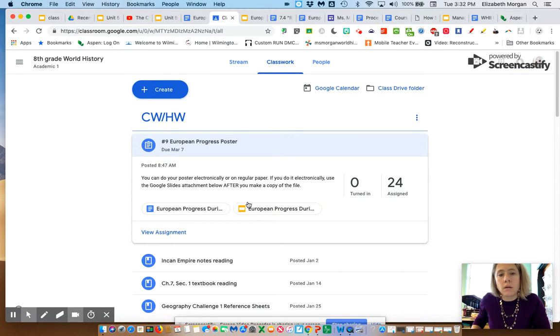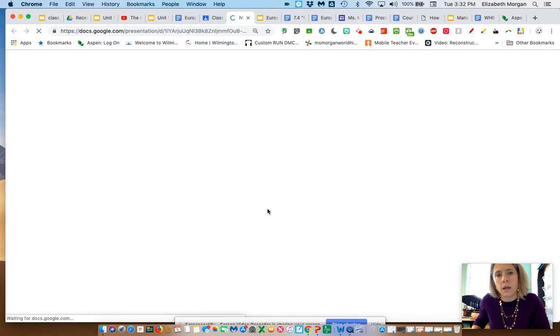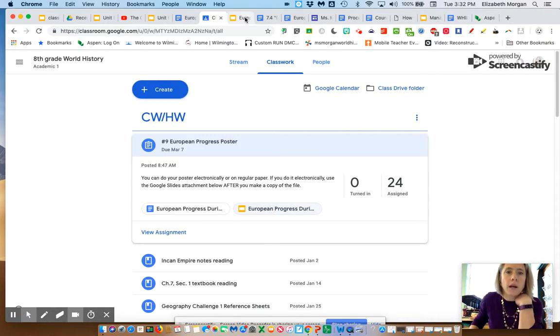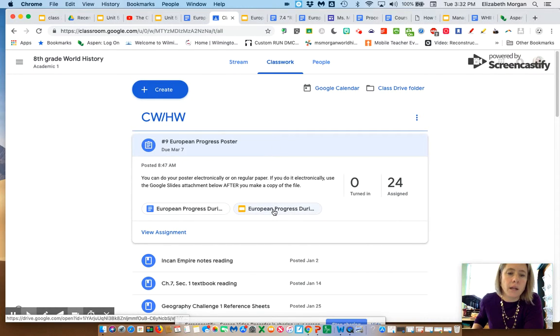It says to make a copy of the Google Slides attachment and add it to your drive. Well, I don't need to add it because I'm the one who created it. But the reason why I said Google Slides is because I find it easier to put pictures in Google Slides. But if you would prefer to make the poster as a Google Doc, that's fine.